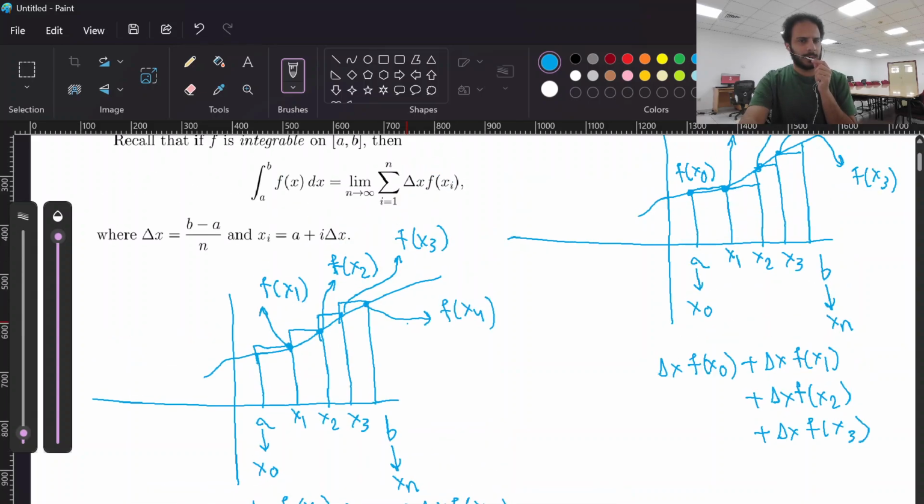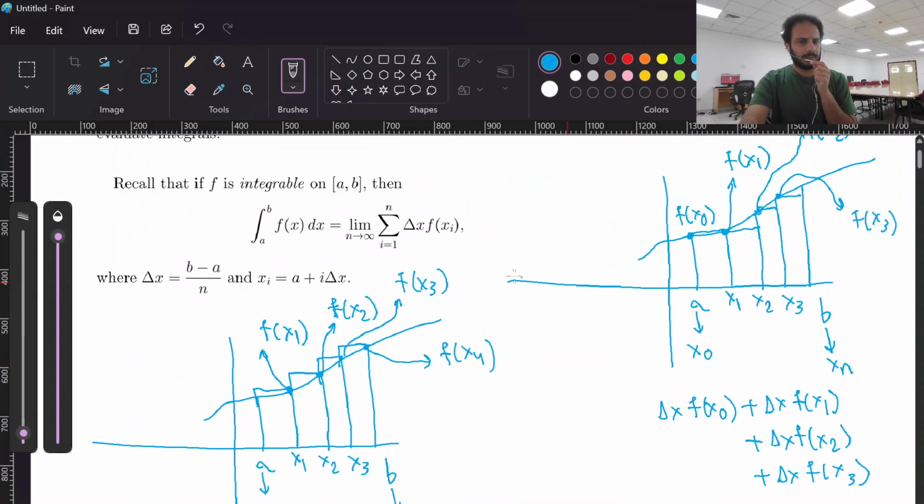Now let me ask you about the theorem here. This theorem is using which sum, left or right? What do you think? Right one.